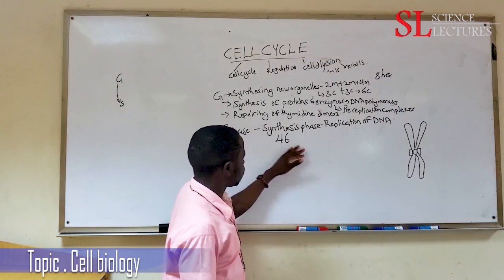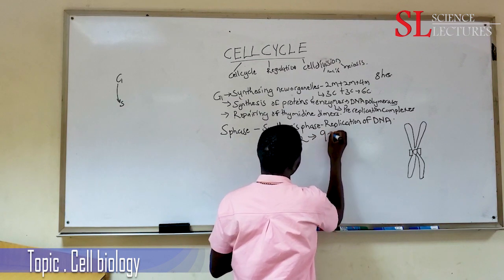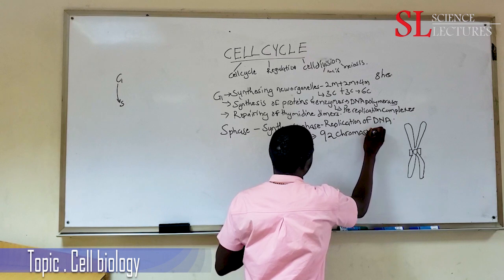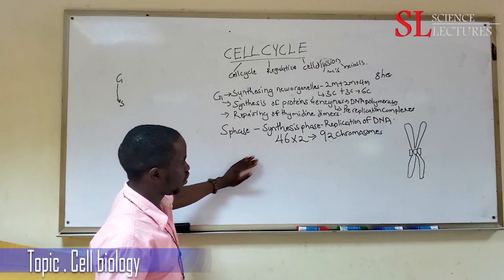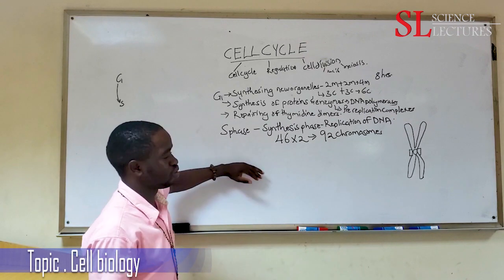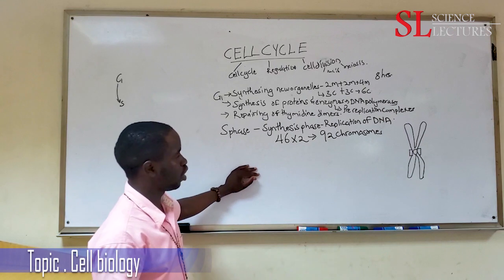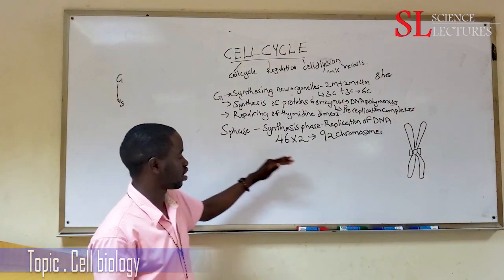So during the synthesis phase, these 46 chromosomes shall be multiplied by 2 and get 92 chromosomes. Such that at the end of the M phase, the mother cell will remain with its 46 chromosomes, and the daughter shall also take 46 chromosomes. Basically, that is what happens during the synthesis phase.